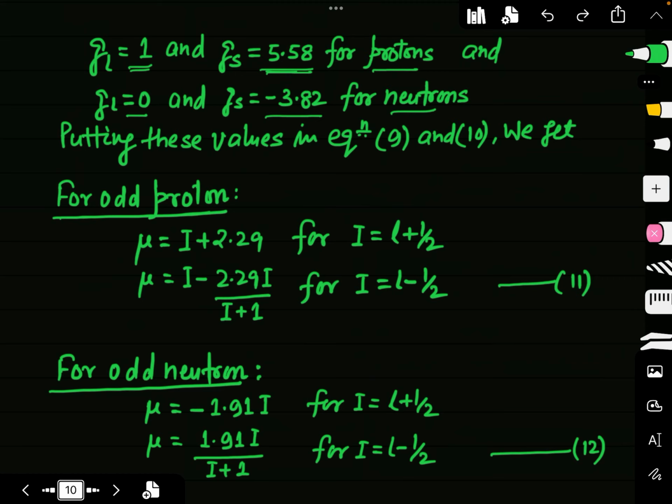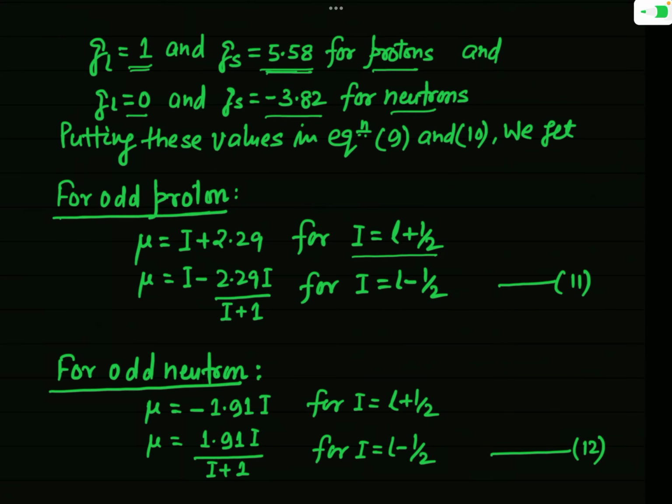You can do this algebra again, and when you do the algebra, you will find that in a stretch case, that is when I, or J you can say, is equal to L plus half, then substituting the values of GL and GS for proton, we get mu equal to I plus 2.29.